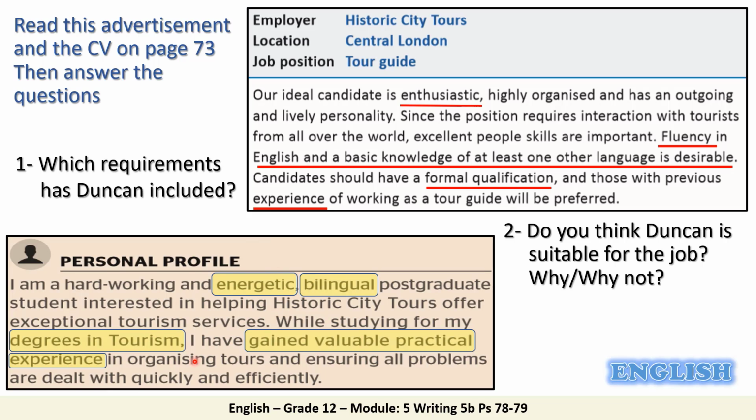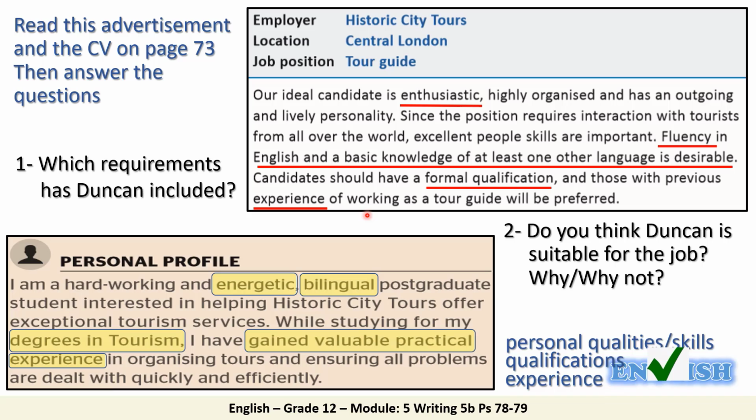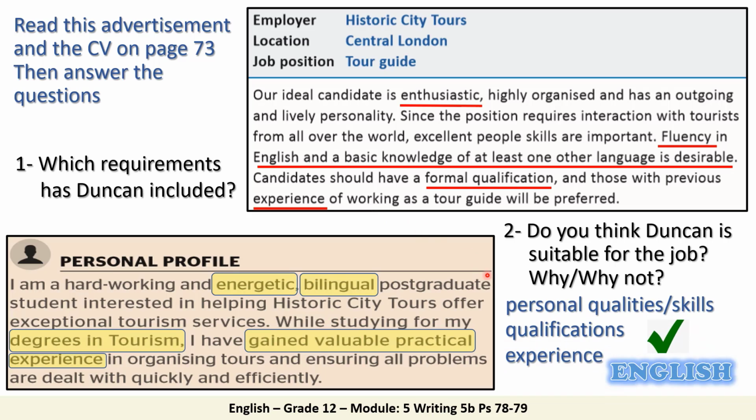So these are the requirements Duncan has included in the personal profile paragraph in response to what is required in the advertisement. Now, do you think he is suitable for the job? Sure he is, because he has included all the personal qualities and skills, all the qualifications and the experience required, right?